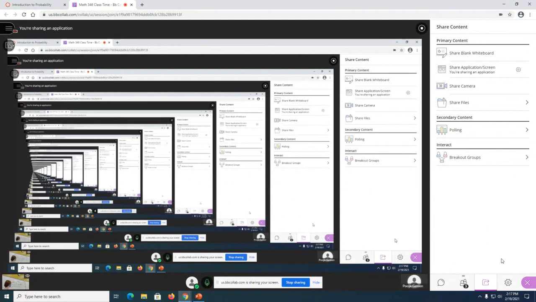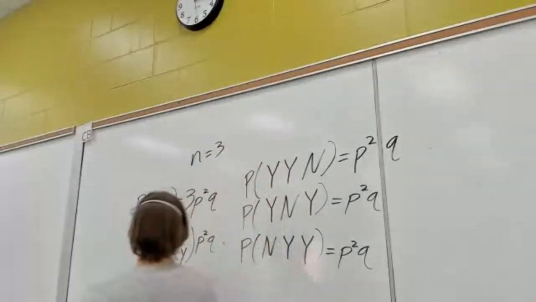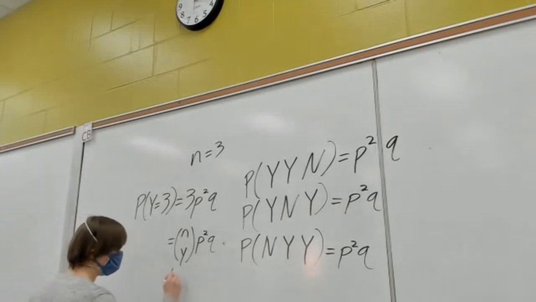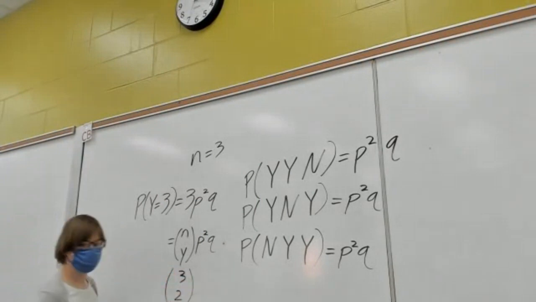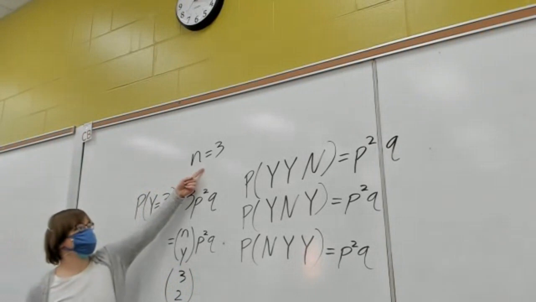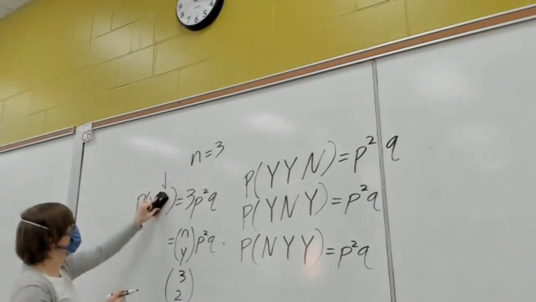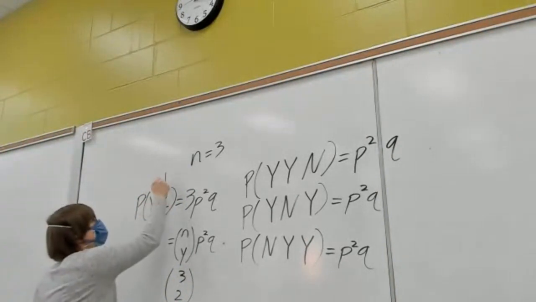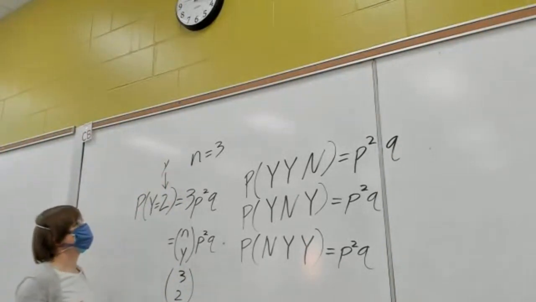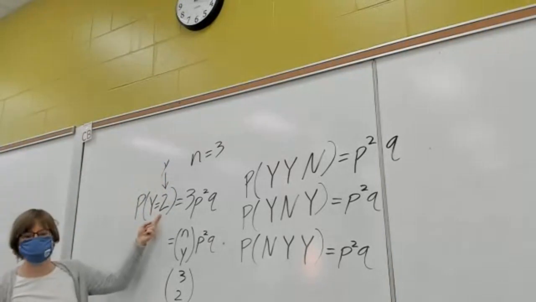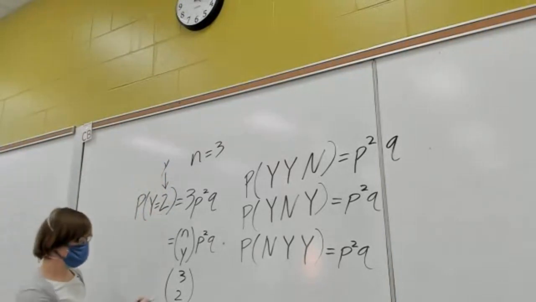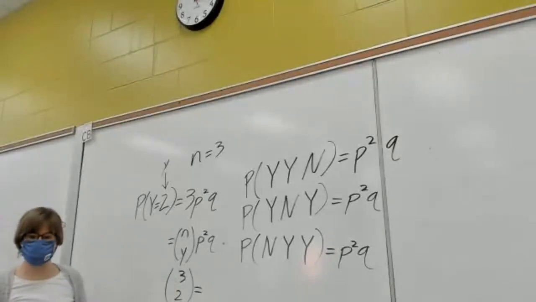So in this case, n choose y is 3 choose 2, because we had n equal to 3 and little y, sorry, y equal to 2. Little y is the value whose probability we're trying to find. So that's going to be the number of ways to choose 2 objects out of 3.